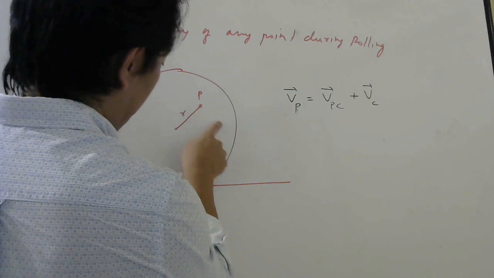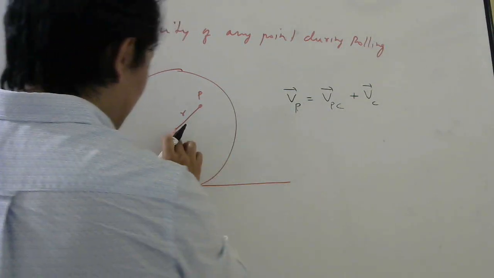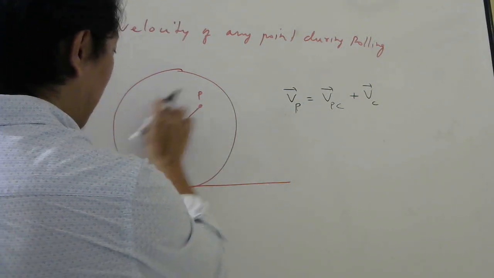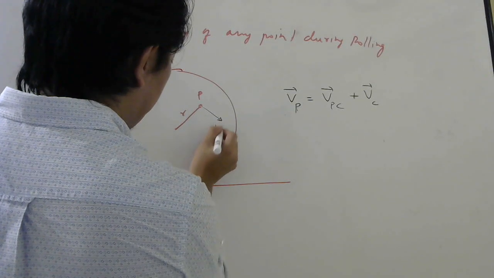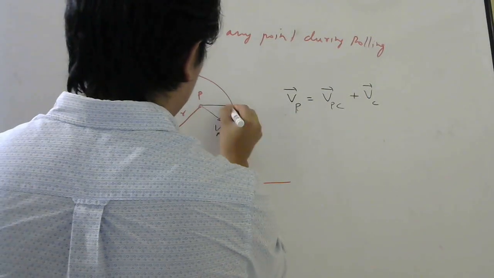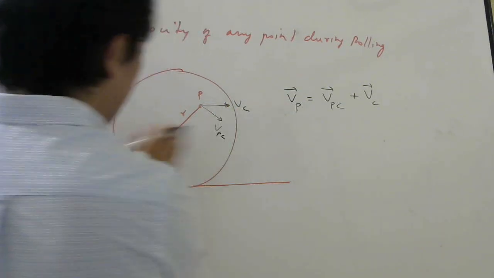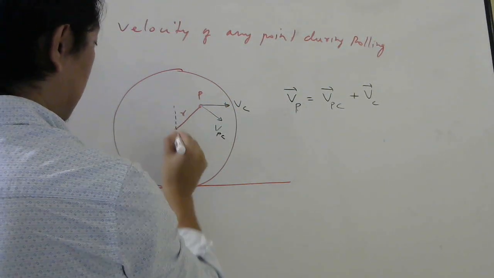Sorry, perpendicular to this radius. Okay, because if you sit in the center of mass frame, this particle will go round like this. So this velocity will always be here. To that velocity, you have to add this velocity. VC is here, no? VC was this side, right?